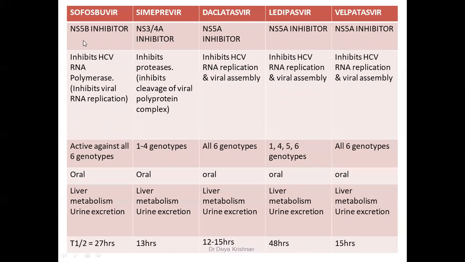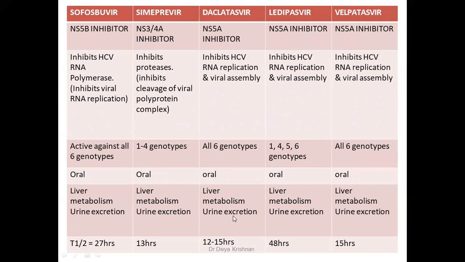You can see here these are the different examples, and I have just shown you that they are inhibiting the RNA polymerase, and you can see almost all of these are active against all the 6 genotypes, whereas Favipiravir is active against 4, and the others are almost active against all the 6 genotypes. They are all orally available.